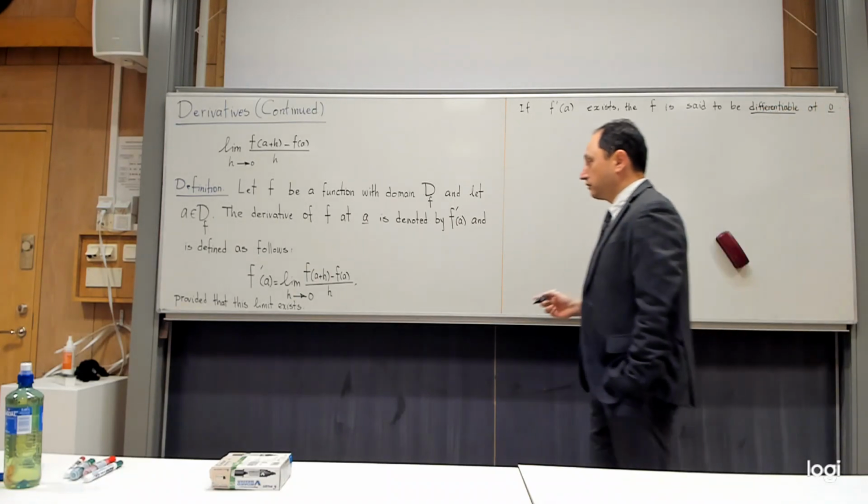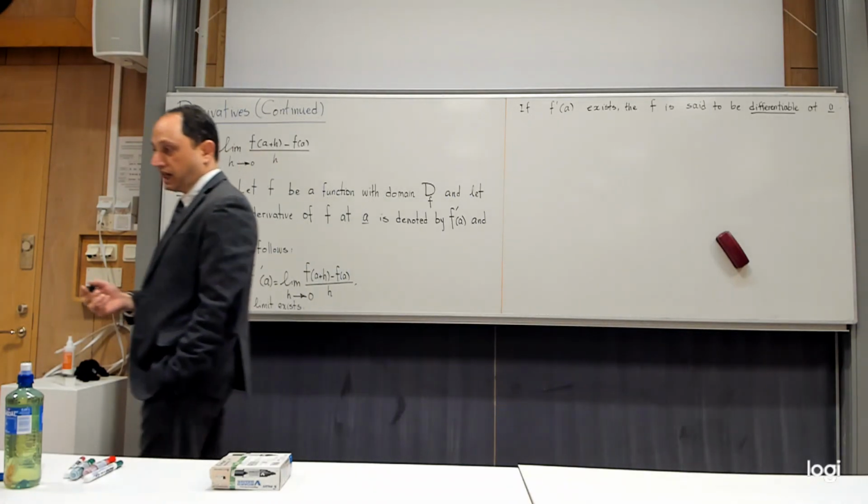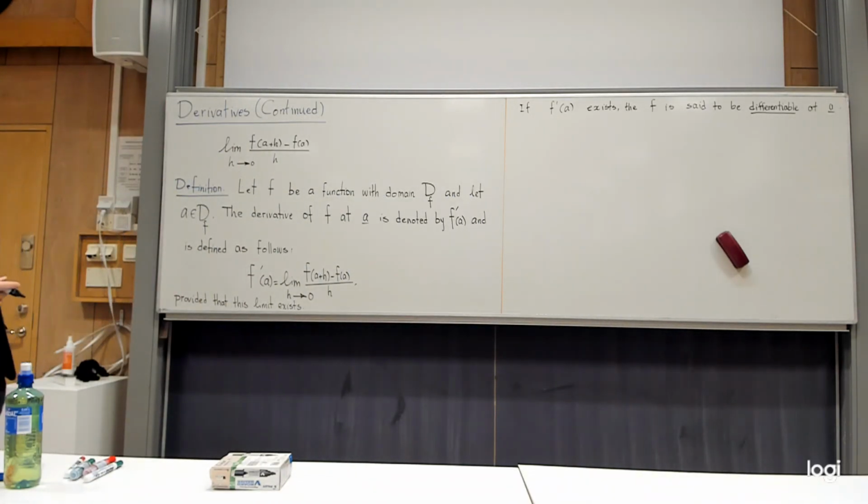So this word I will use. If this limit exists, and the derivative of a function at a given number exists, we say that f is differentiable at that point.